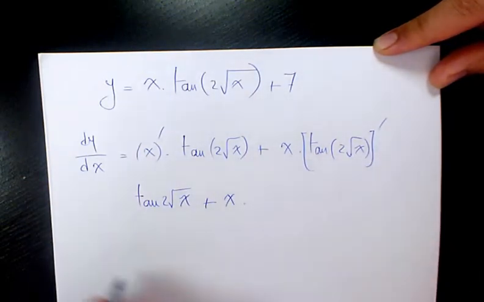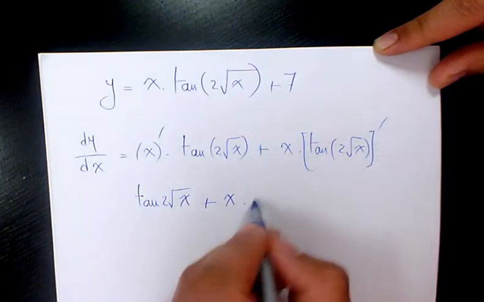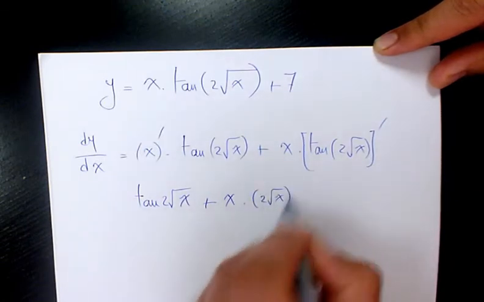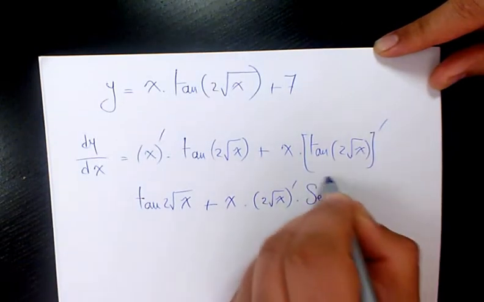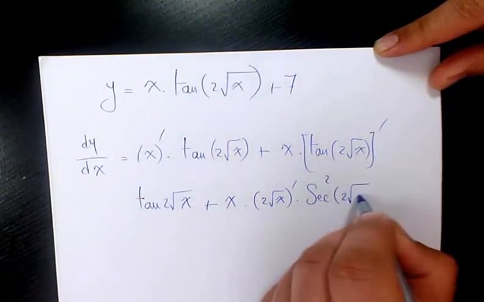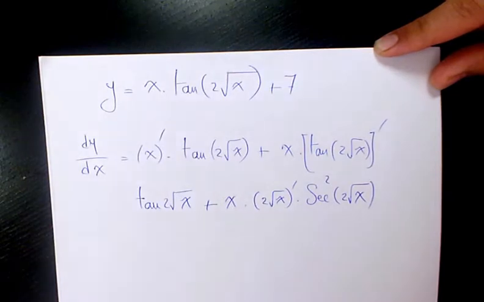So derivative of tan 2 root x is going to be derivative of 2 root x times secant squared of 2 root x.